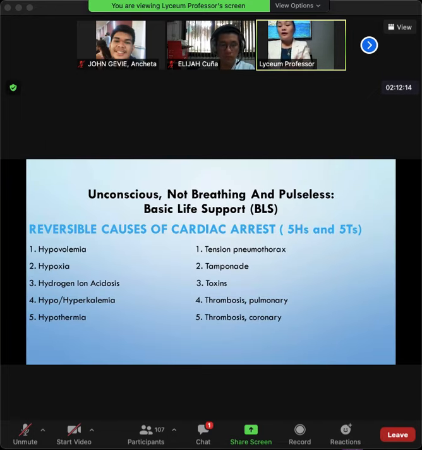So, while you are doing your CPR or reviving your patient, you are now thinking for the reversible causes of your cardiac arrest. So, isipin mo, ano bang possible na nag-cause ng cardiac arrest ng pasyenteng ito? For you to manage it while you are doing your CPR. Okay? To treat the underlying cause of the arrest.